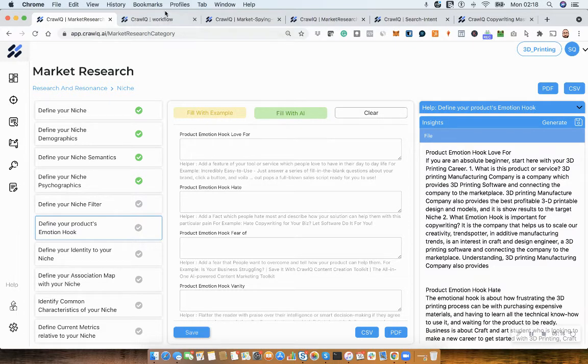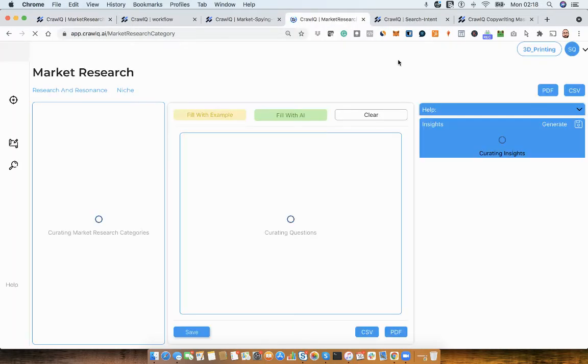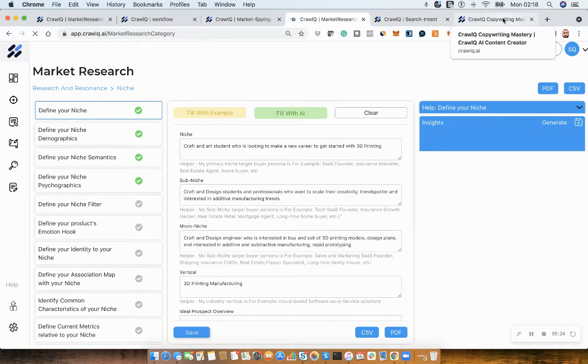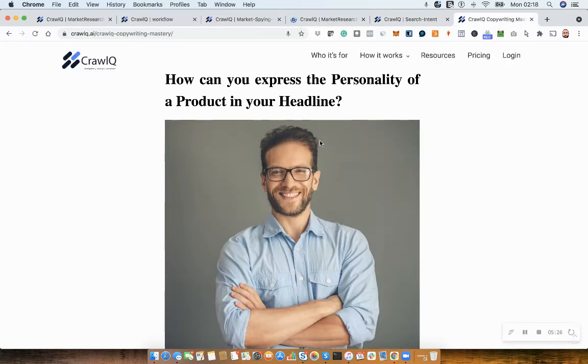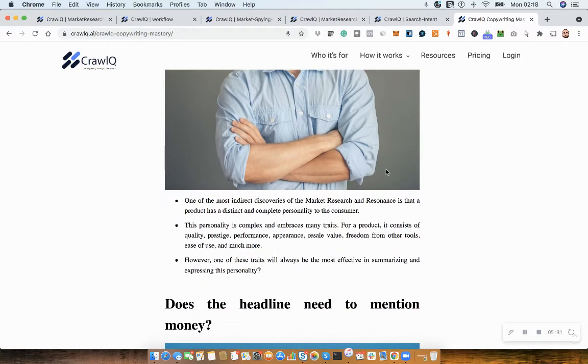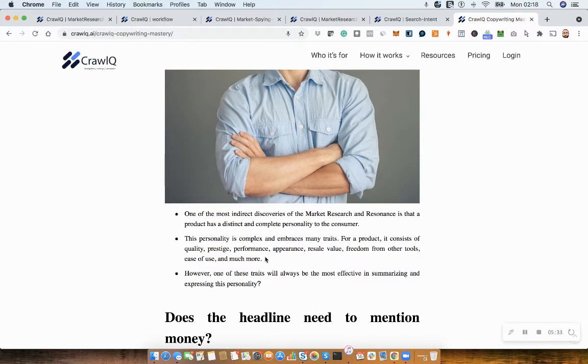So let's see how this framework that we are talking about is built in. How can you express the personality of the product in your headline or in your content? We saw the traits were quality, prestige, performance, appearance, resale value, freedom from other tools, ease of use, and much more. I can walk you through how exactly this part is implemented.